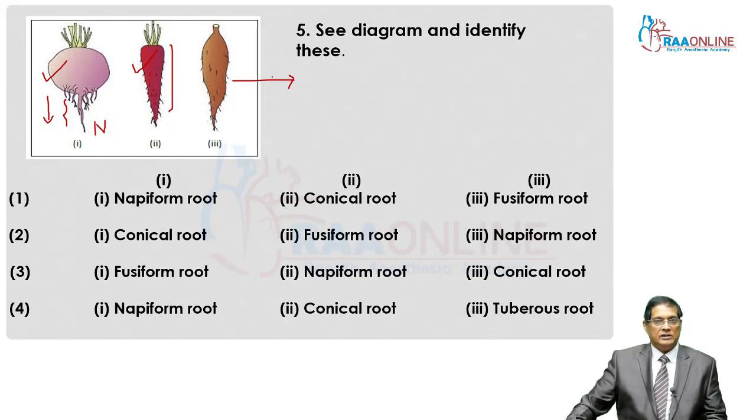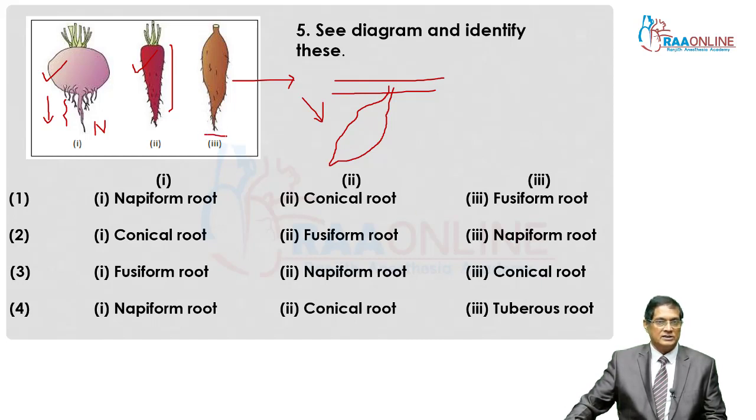And third, irregular, thick and fleshy, and directly originates from the stem. If you see the stem of Ipomoea batatas, the root directly originates from this structure. That's why it is an adventitious root, and thick and fleshy due to storage of food, and the shape is not fixed, hence tuberous root.